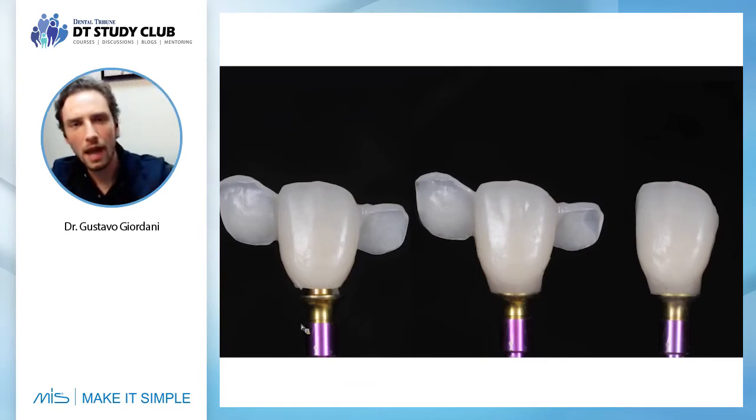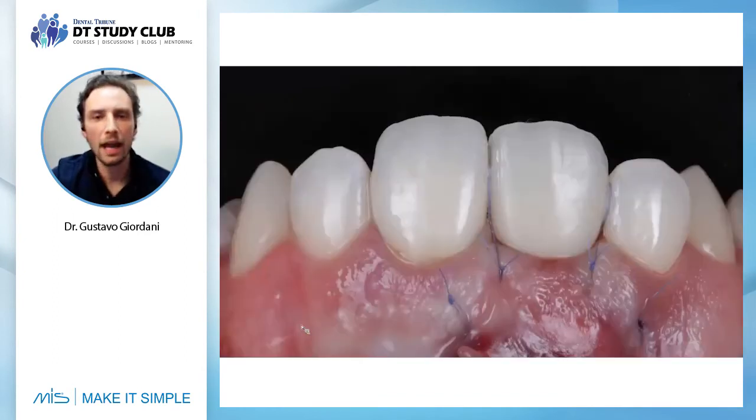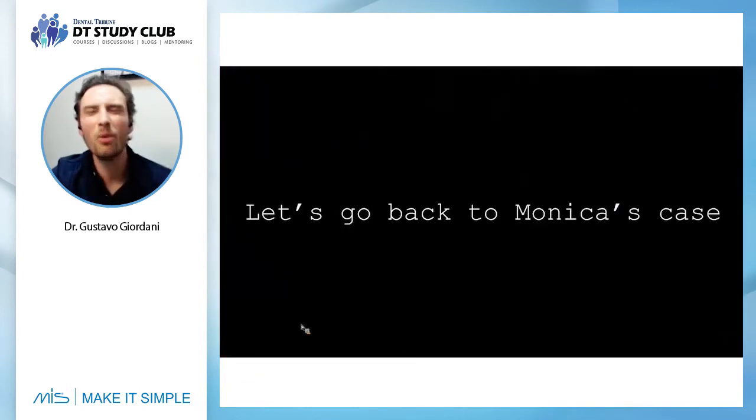I just add some more flowable composite in the subcritical contour. I cut the wings, and then I have the perfect provisional. So this is very easy, very predictable, and we are doing more and more in our cases, copying the nature by using the digital flow of copying the natural tooth.